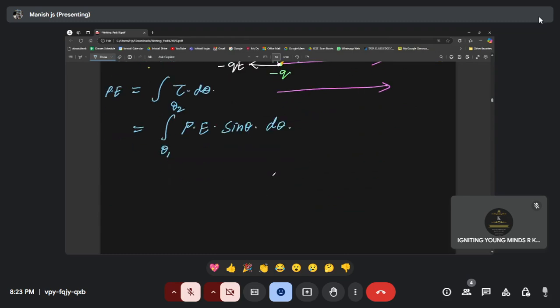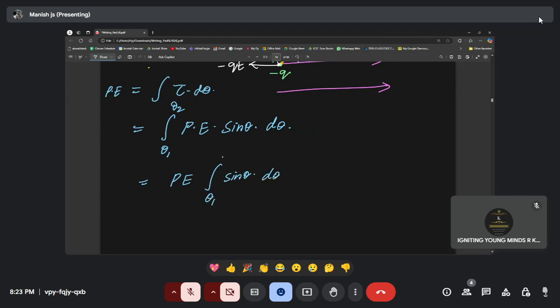That is what we are doing. Now we go and simplify. Take all the constant terms out of the integration sign, so PE will come out of the integration sign, leaving the integration of sine theta into d theta.